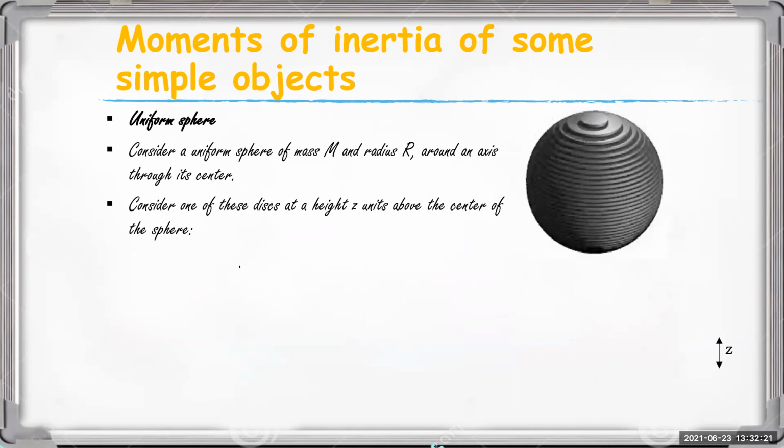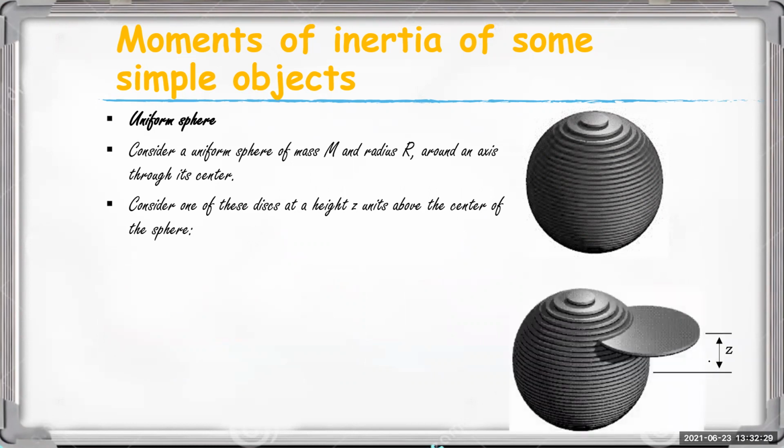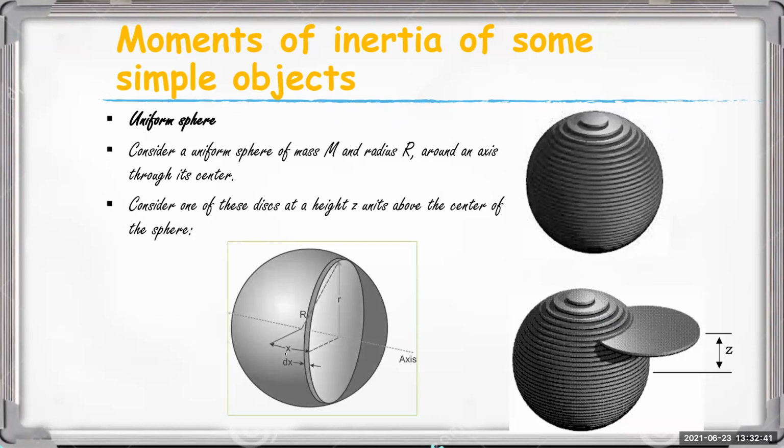So here we consider one of the disks at a height z above the center of the sphere. Here it is z and the thickness is dz.